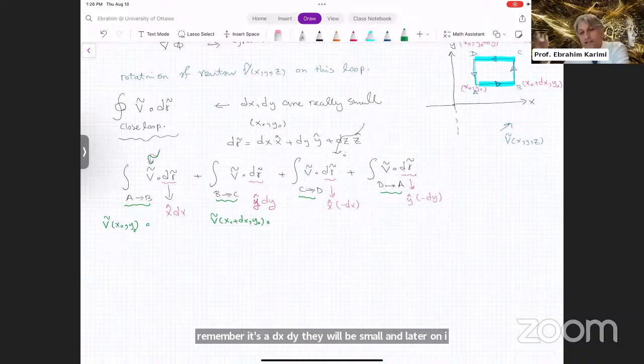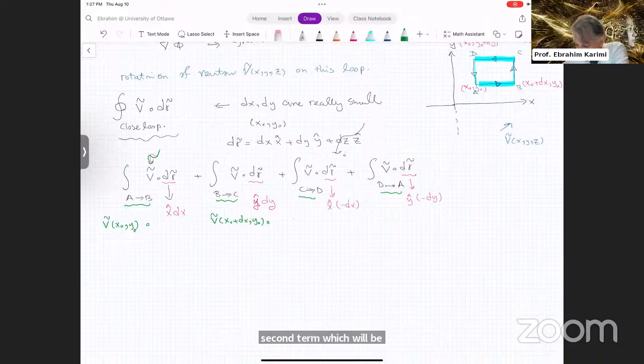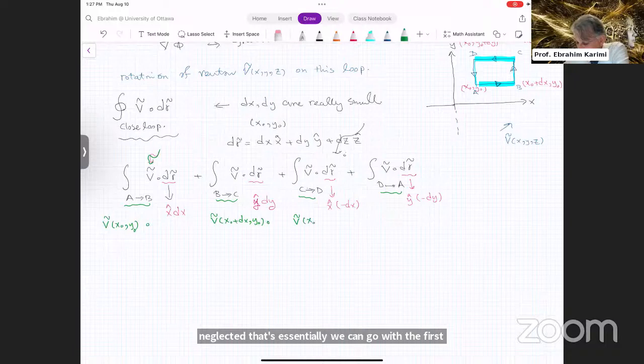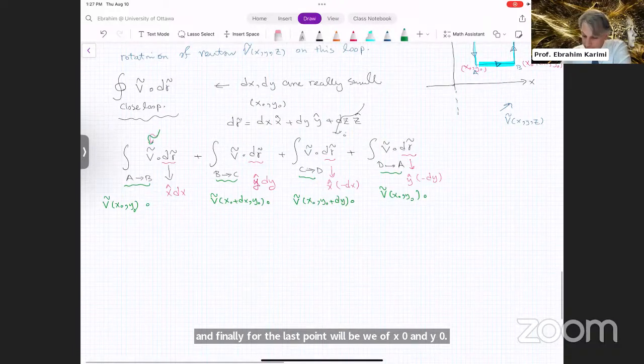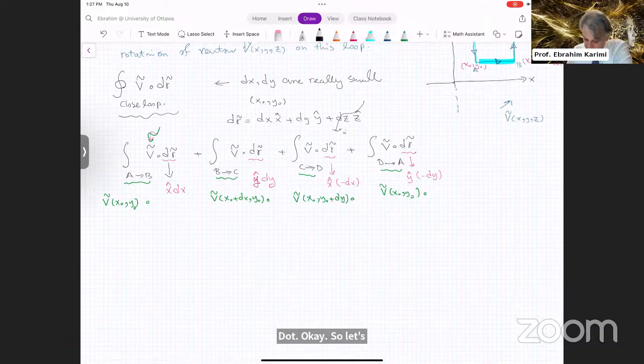Then you have a second term which is dx, dy dependent, which can be neglected, so essentially we can go with the approximation x0 and y0 plus dy dot. And finally, for the last path it will be v of x0 and y0 dot. Okay, so let's simplify this together.